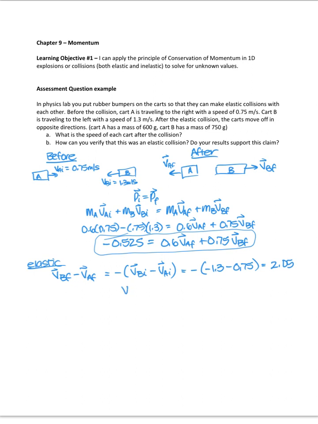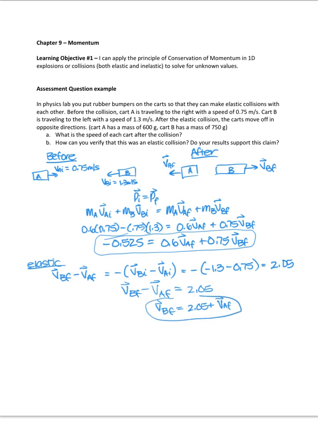It tells me that VBF minus VAF, so that's the relative velocity between the two objects after the collision, like if you measured the speed relative to each other, that's going to be 2.05. What I'm going to do is this can give me an expression that I can substitute in for VB final into my conservation of momentum equation.